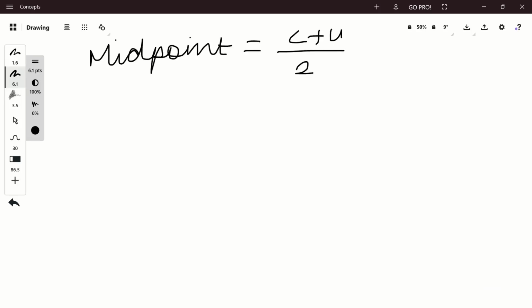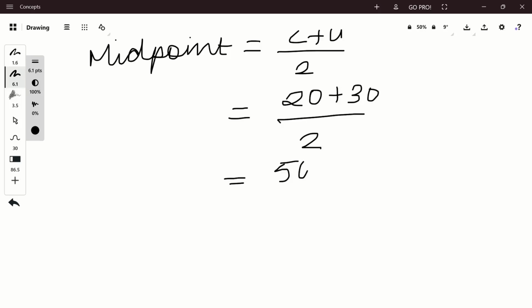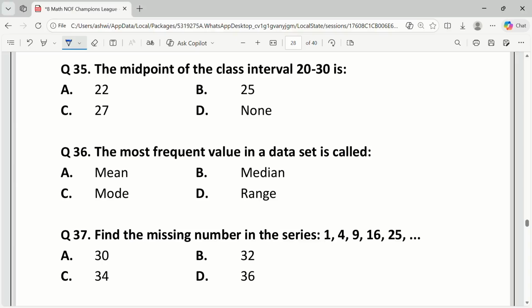For the interval 20-30, L is 20 and U is 30. So 20 plus 30 upon 2, which is equal to 50 upon 2, which is equal to 25. Comparing with the options, the answer is B, 25.